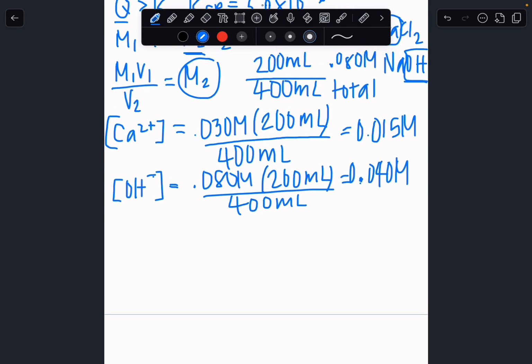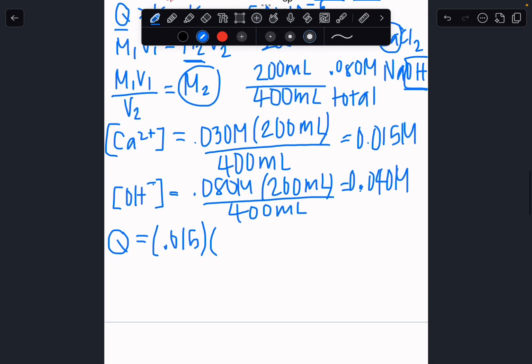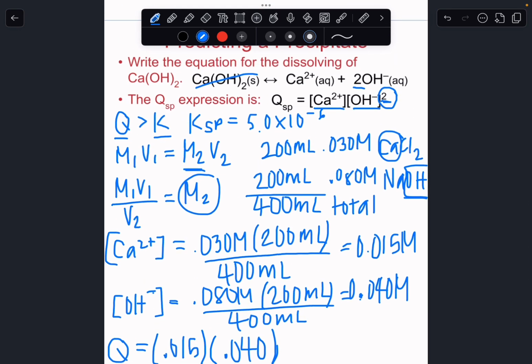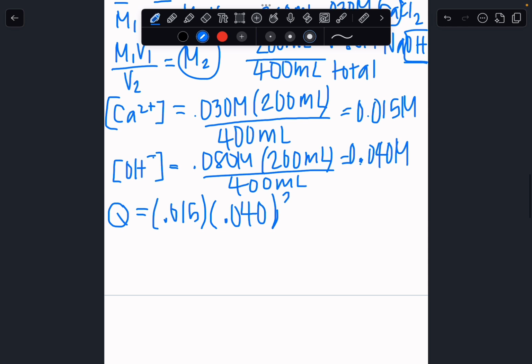Okay, so now you can plug these concentrations back into your Q expression. And so that will give you 0.015 for Ca2 plus times 0.040. And then remember that you had this power, so don't forget to square that one.